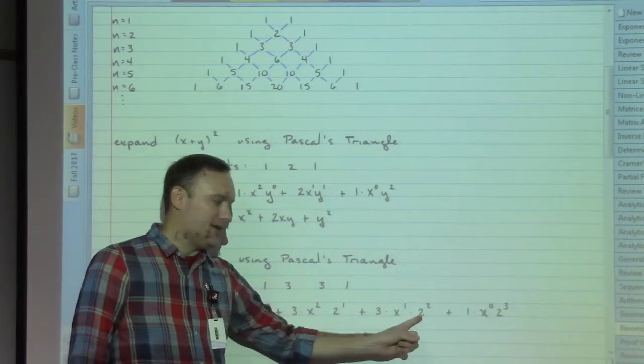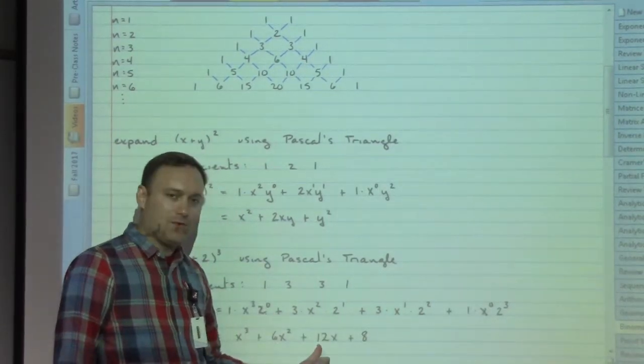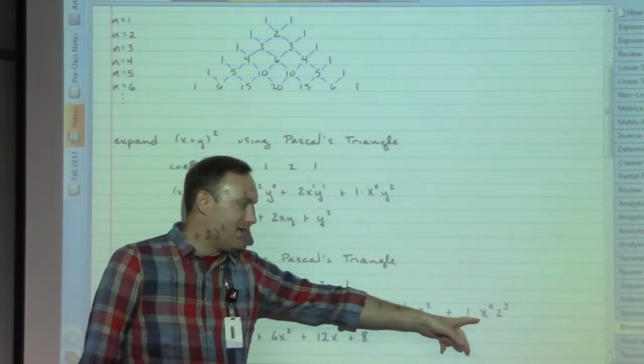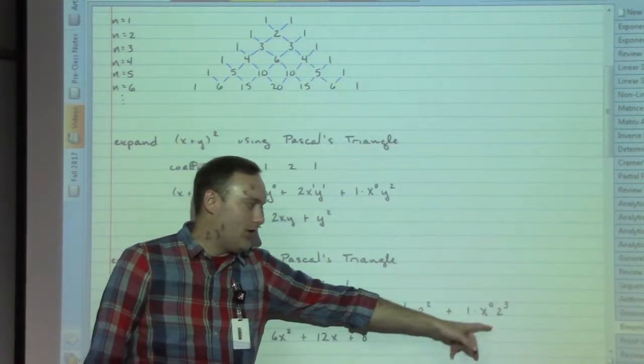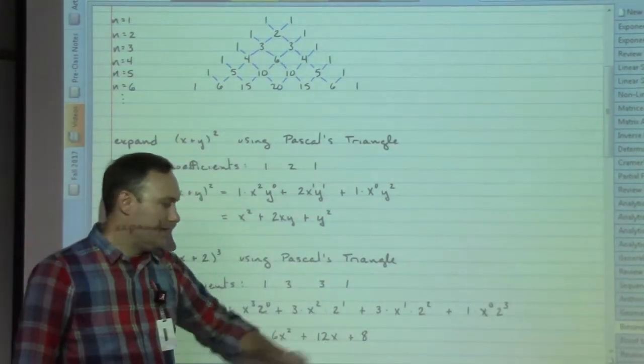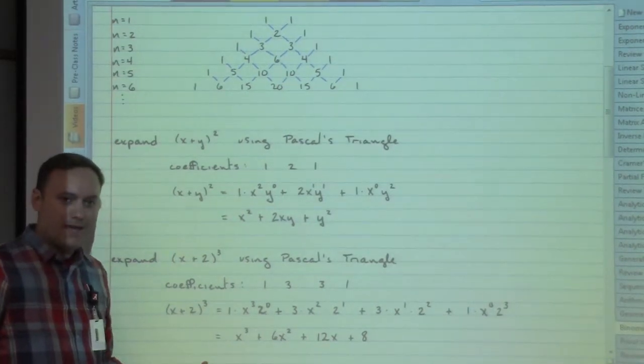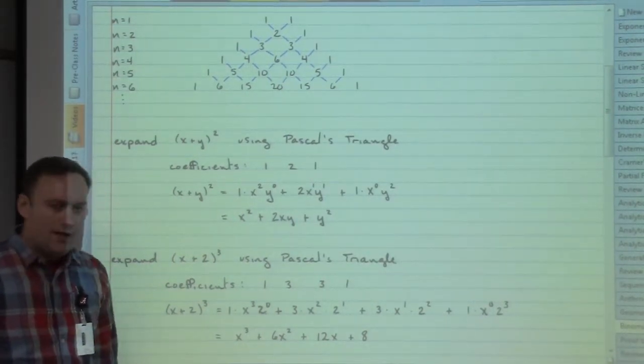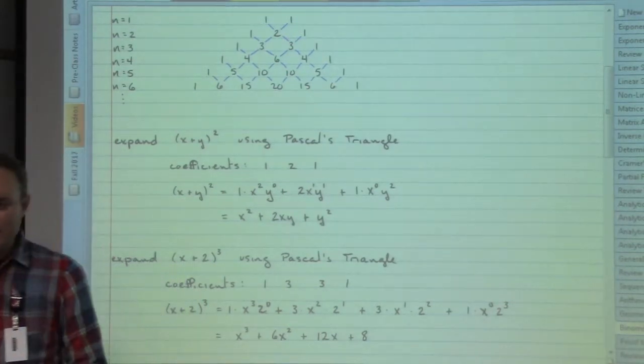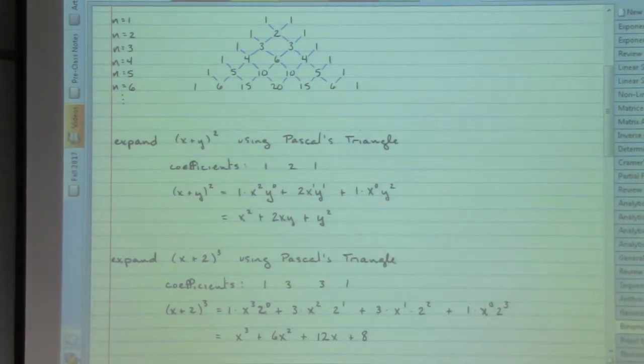Coefficient of 3 times 2 squared, 3 times 4 is 12. And then down at the very end, coefficient of 1 times 2 to the power of 3 gives me 8. So here's my simplified, expanded binomial, and it didn't require a lot of tedious multiplication work to get there.